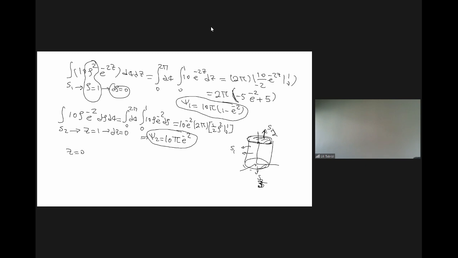This is the area, right? What is your ds in this case? ds is equal to, because z is equal to 0, rho d phi az. I'm writing ds for this part.